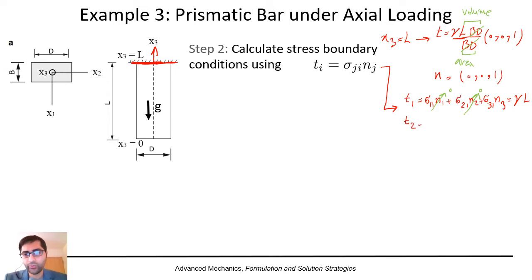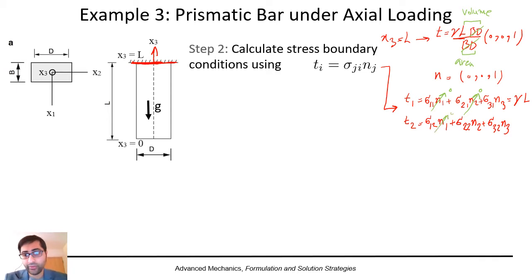For T2, we have sigma 1, 2, N1 plus sigma 2, 2, N2 plus sigma 3, 2, N3.